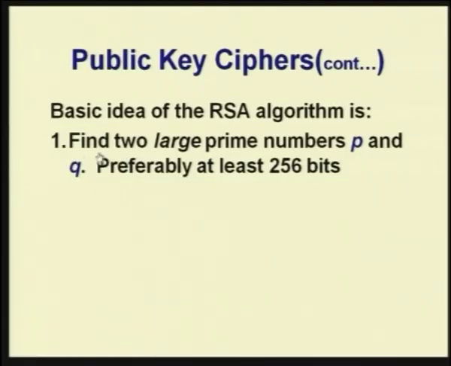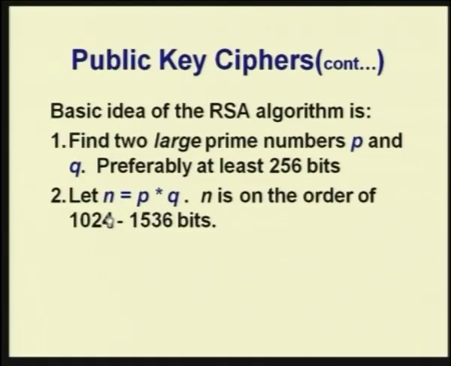The basic idea is this. So, first what we do is you find two large prime numbers P and Q, preferably at least 256 bits. So, you can see that we are looking at two large numbers and these two numbers are prime. Okay. We are finding two large prime numbers P and Q of at least 256 bits. Second step is you choose a value of n, which is a product of P and Q. Now, n is of the order of 1024 to 1536 bits, a pretty large number we are looking at.